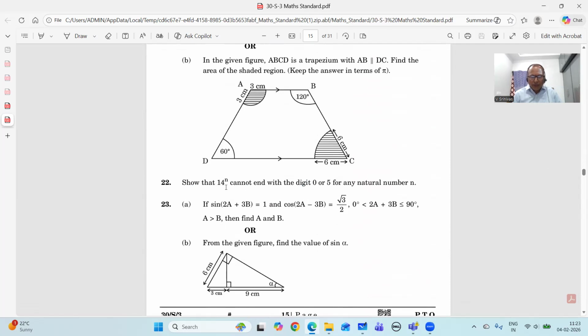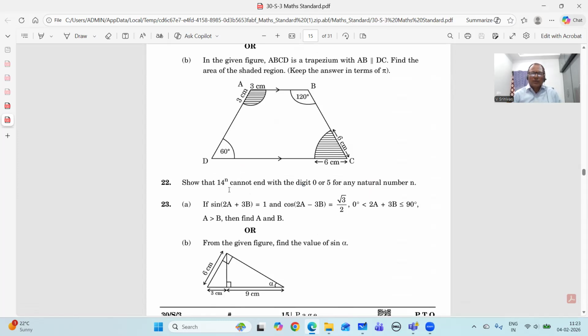Okay? And 14 is a positive integer. n is a natural number, meaning it is 1 or 2 or 3 and so on. So 14 power n is also a positive integer. And a number that ends with 0 means what?